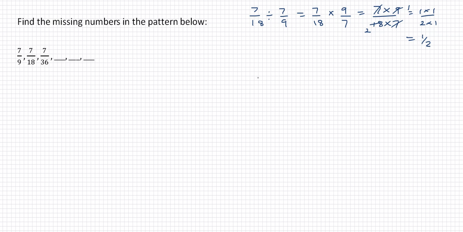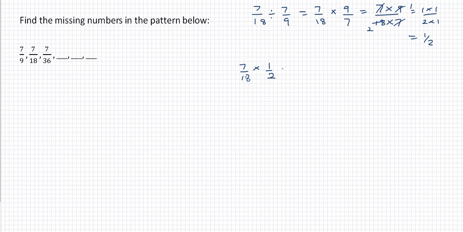So the next thing we're going to do then is 7/18 multiplied by 1/2. This is going to give us 7/36. We multiply by 1/2 again. We have 7/72. Multiplied by 1/2, we have 7/144.